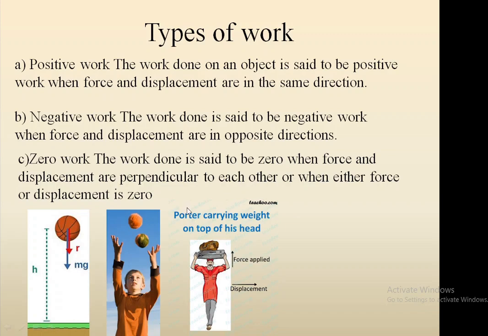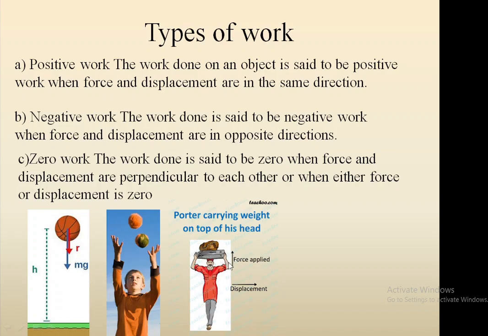When the force and displacement are perpendicular to each other, you can look into the third picture on the right side. Here there is a porter. He is carrying weight on the top of his head, so he is applying the force in the upward direction, but the luggage he is carrying has a motion in the horizontal direction.